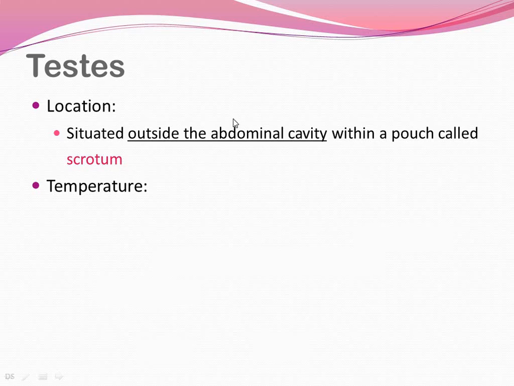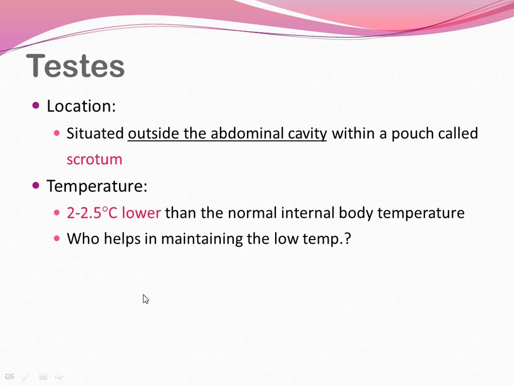So what is the reason that testes are located outside the abdominal cavity? They are important because they are involved in spermatogenesis, and if they are so important, they should be protected and should be within the abdominal cavity. But here the importance of this location is the temperature.